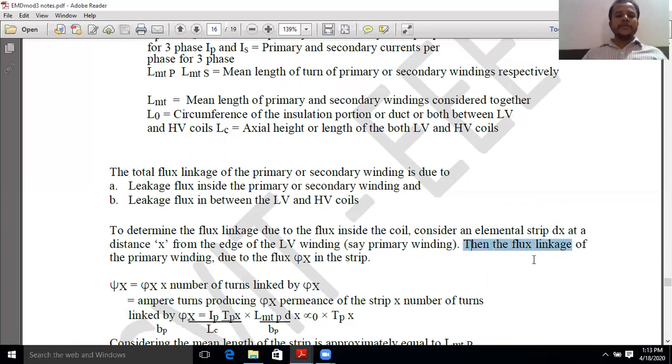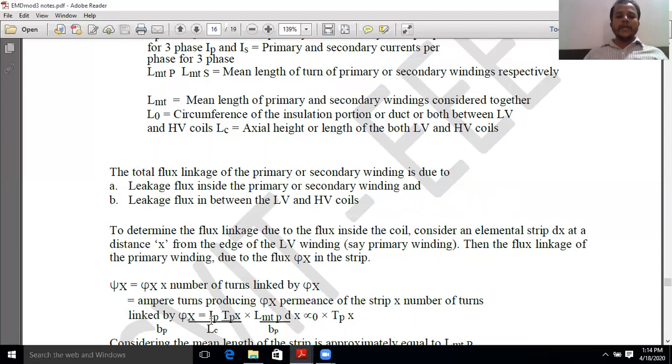Then the flux linkage of the primary winding due to the flux phi x in the strip is given by phi x into the number of turns linked by phi x. Now phi x is equal to the ampere turns producing phi x into the permeance of the strip, into the number of turns linked by phi x.